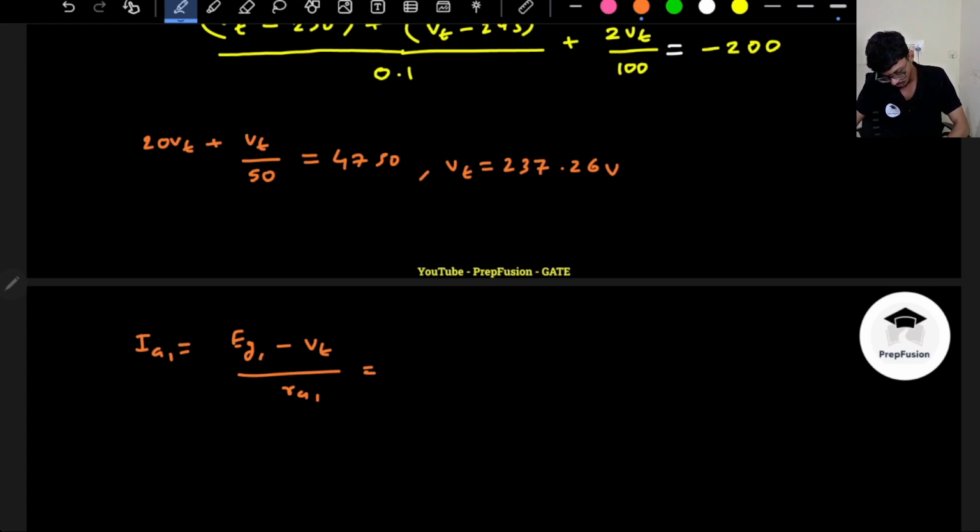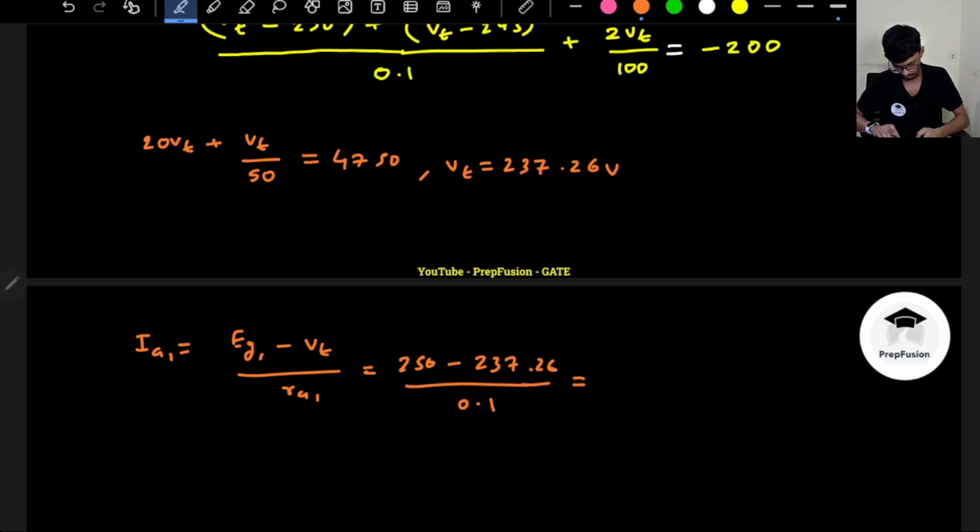Eg1 is 250 volts, minus 237.26, divided by Ra1 0.1. So this is 127.37 amperes, quite a large value.